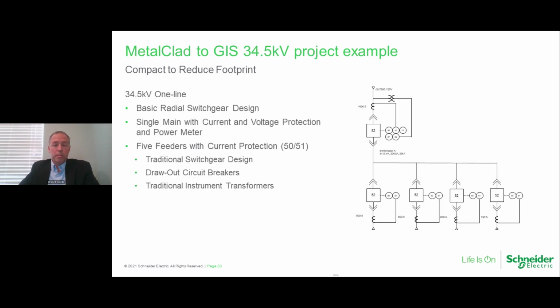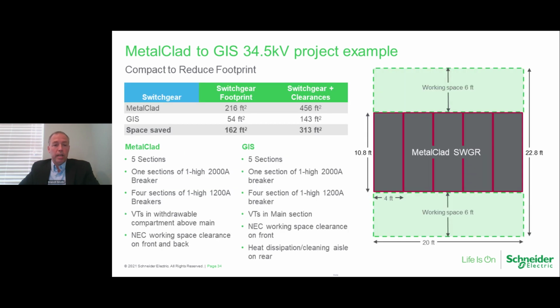So taking just a typical one main breaker, 4 feeder line up of 35 kV switchgear, if you look at metal-clad switchgear compared to gas-insulated switchgear, it is roughly 1/4 of the footprint.